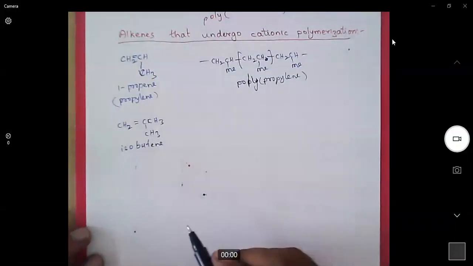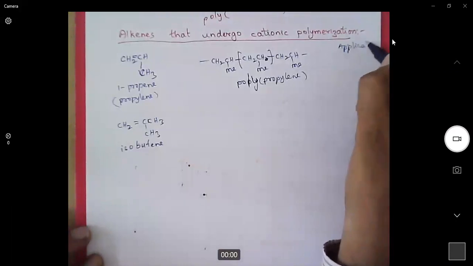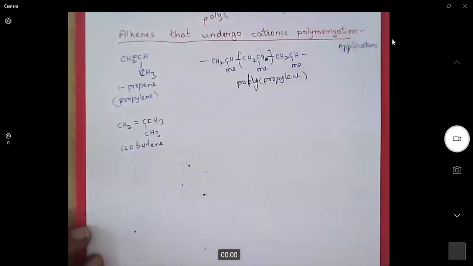You try to write the polymer and you also write the applications here, just 1 or 2 applications.